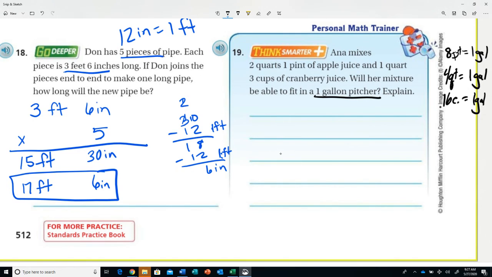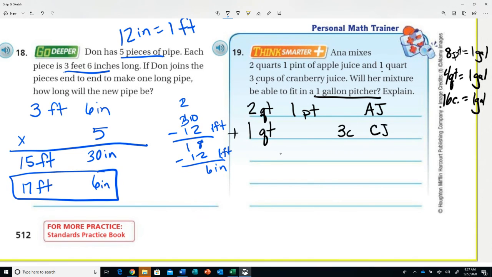So we're trying to see if all of this fits into a gallon. So let's see. We have 2 quarts, 1 pint of apple juice. We have 3 cups of cranberry juice. Now notice I'm trying to line up my quarts, pints, and cups here. Ooh, sorry, I missed a little bit. 1 quart, 3 cups of cranberry juice.